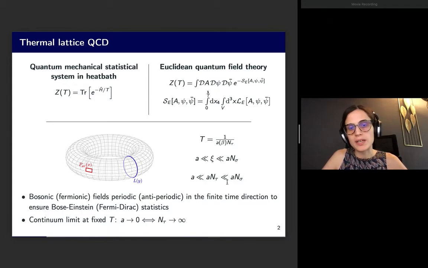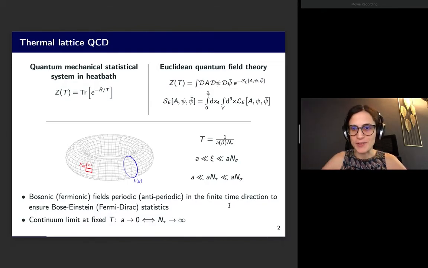So how do we achieve this? By having a large so-called aspect ratio. By aspect ratio, we mean the ratio of N sigma over N tau. Non-zero temperature simulations are normally run on asymmetric lattices, unless you go for anisotropy in the lattice spacing, which is a subject that we will touch when we discuss the equation of state.